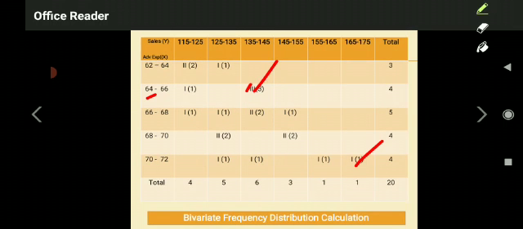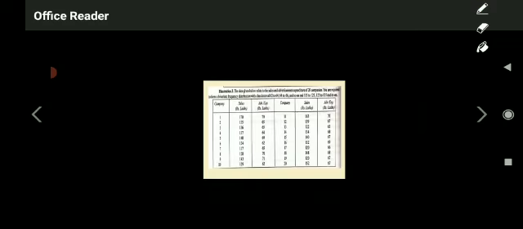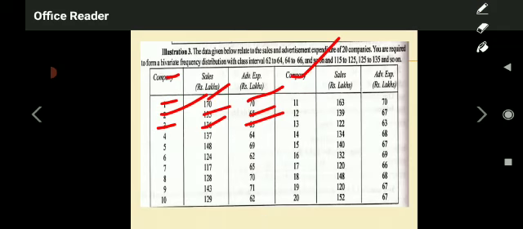Now again go to the data information. Look at the status of the fourth company. Fourth company status is 137 as the sales, and 64 lakh as the advertisement expenditure. 137 and 64.